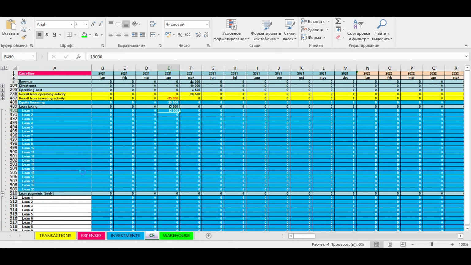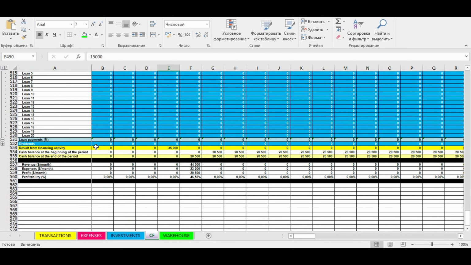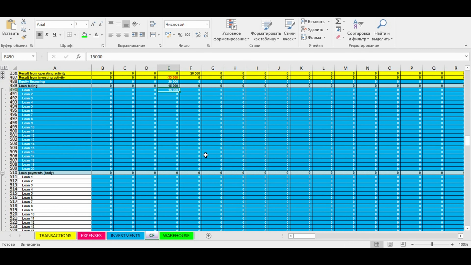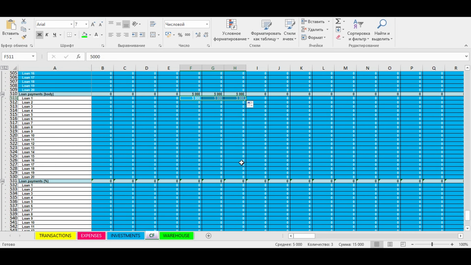and we will have to pay the body of this loan in 3 months, $5,000 each month, plus we will pay an interest rate, for example $200 per month.